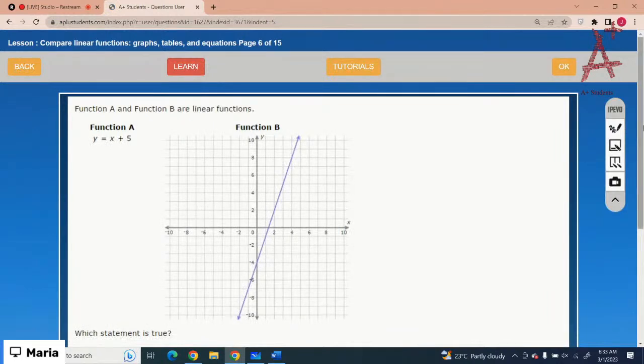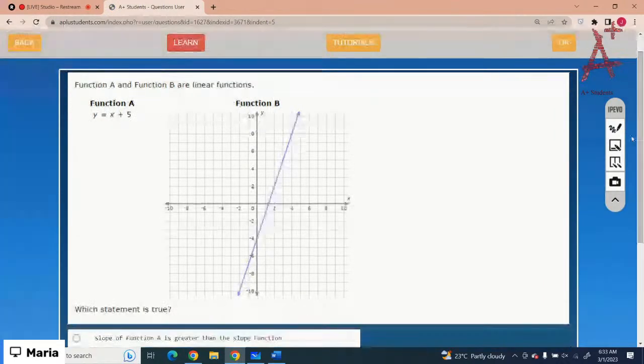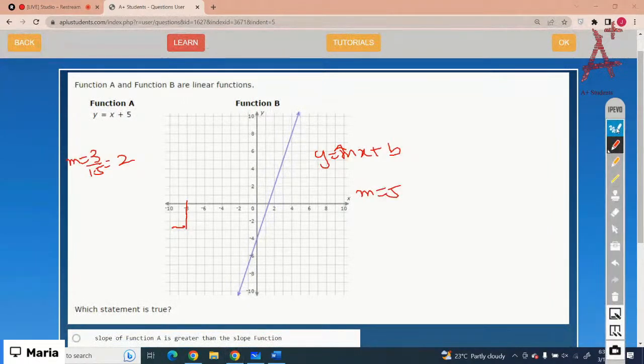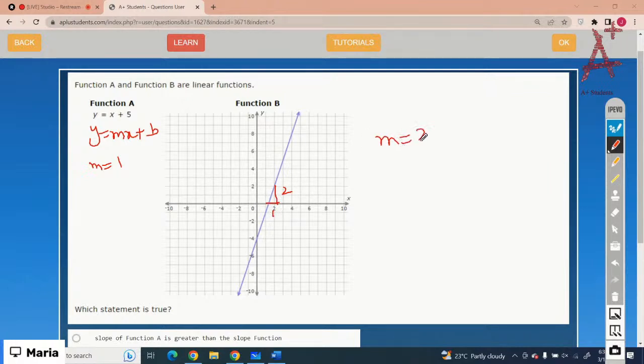Okay, the next one is y equals x plus 5. So the slope of function A is m equals 1. Got it? And the slope of function B is 2 over 1. So the slope of function B is 2 over 1.